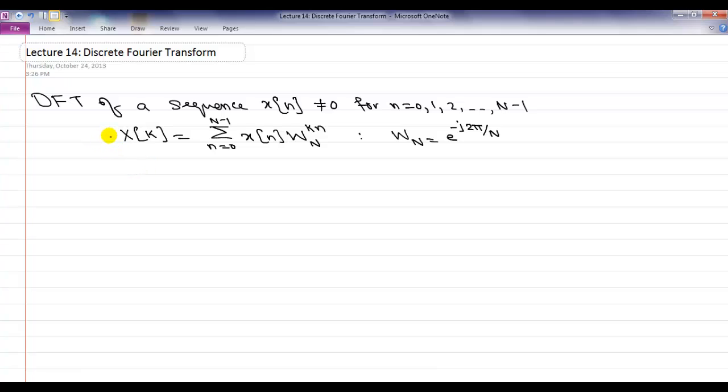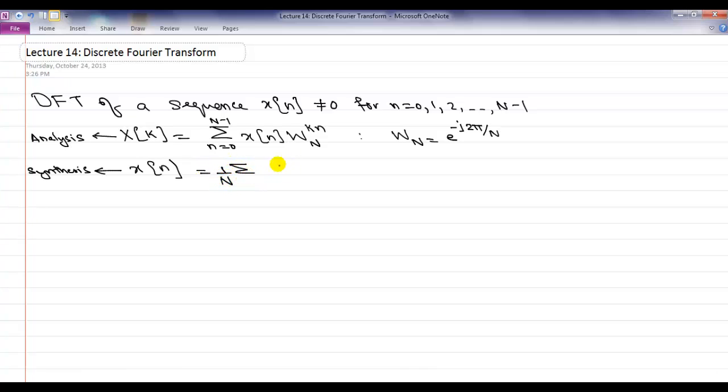And this is our analysis equation, and we had similarly given a synthesis equation for x[n]. The synthesis equation was exactly the same.